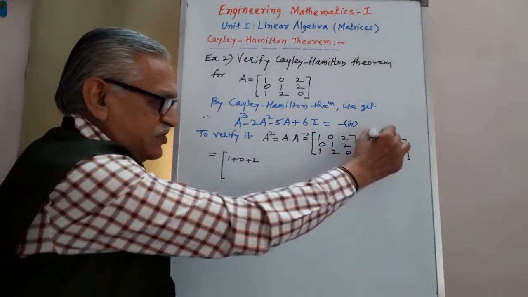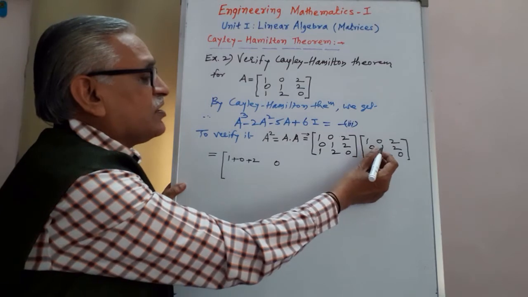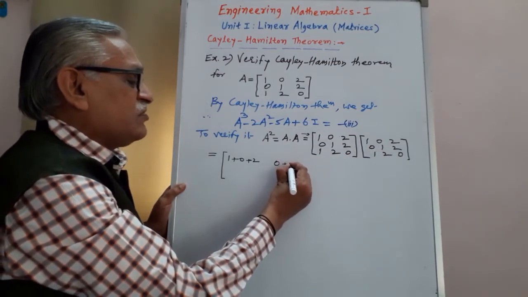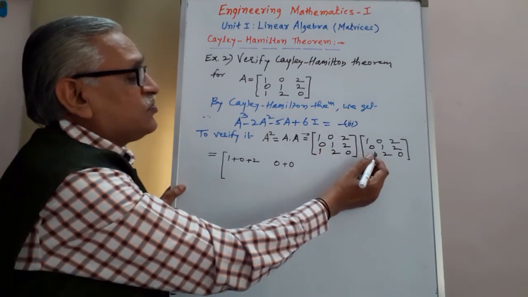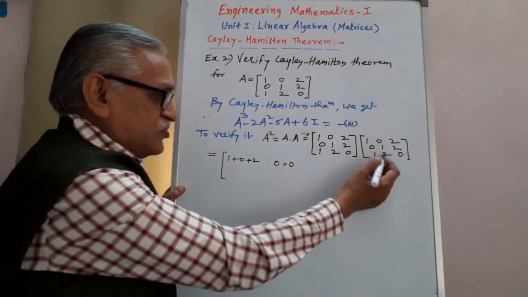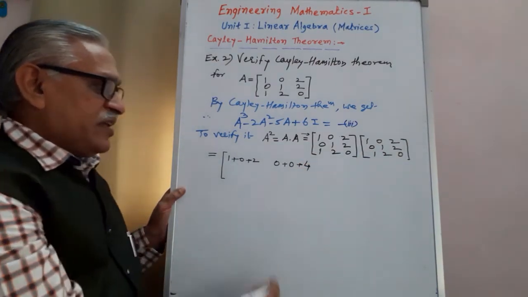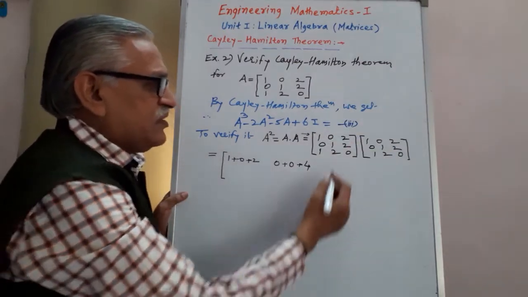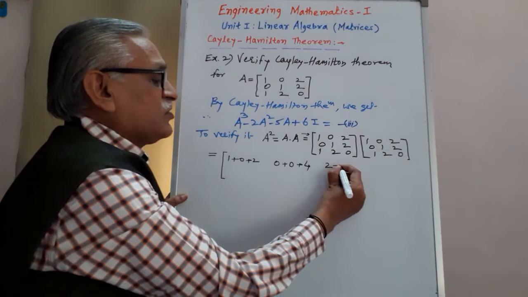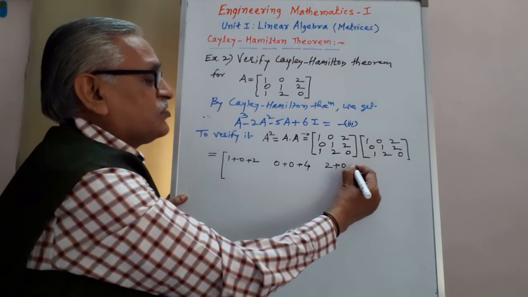Then by that row to the second column, 1 into 0, we get 0, 0 into 1, we get 0, and 2 twos are 4. Then by that row to the third column, we get 1 into 2, 2, plus 0, and 2 into 0.